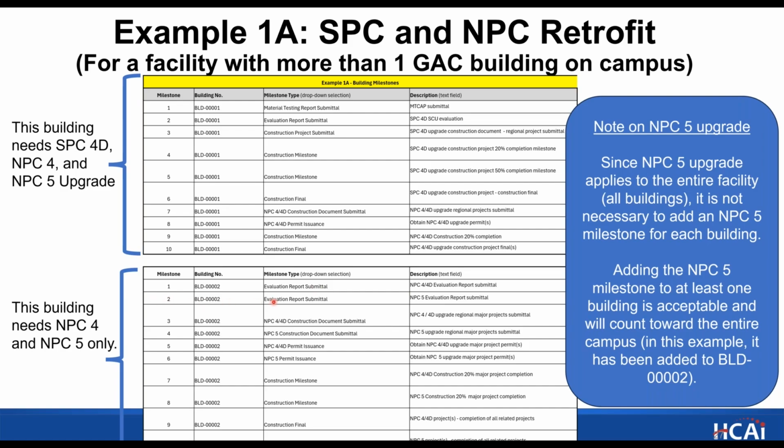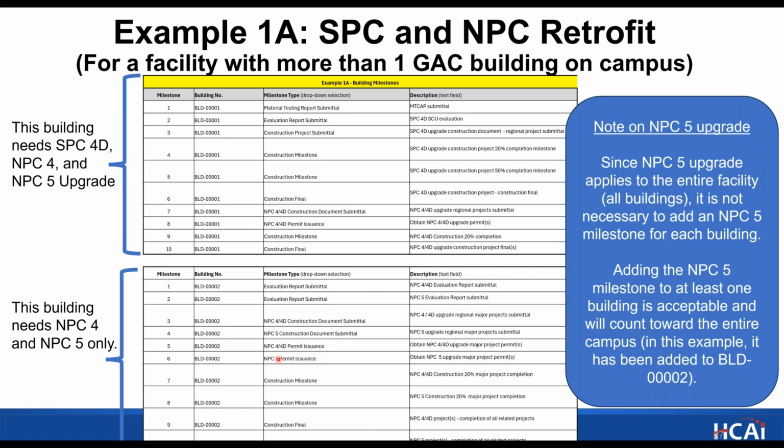Milestone number 2 is another evaluation report for the NPC 5, same thing, engineering analysis that comes to the seismic compliance unit. Number 3 is the NPC 4 construction documents to the region. And number 5 is the NPC 5 construction documents to the region. And then the NPC 4 permit, NPC 5 permits after that.